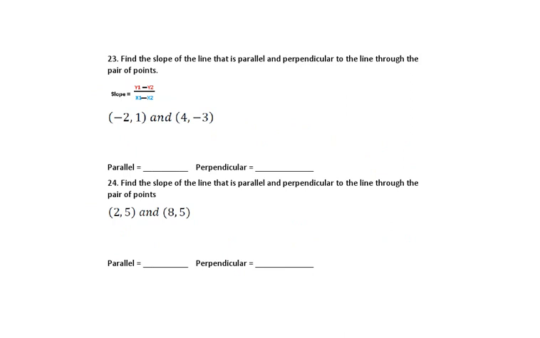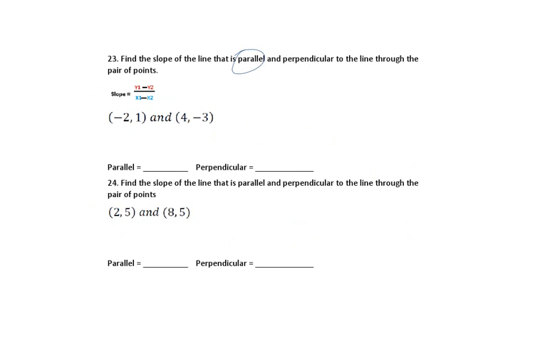Okay, so for 23, they'd like us to find the slope of the line that's parallel and perpendicular to the line through the pair of points. One thing at a time. Let's just do parallel first. Finding the slope of a parallel line is the exact same way as finding slope, because the word parallel means same slope. So all we're going to do is subtract the y's, subtract the x's, and divide.